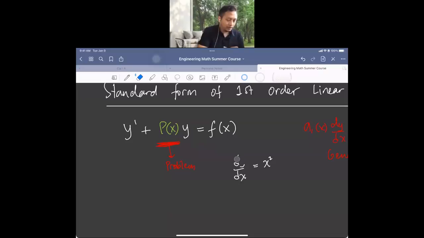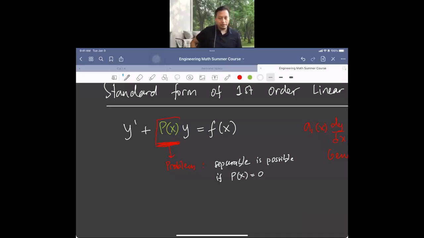Or if this p part is not there, then the separable method, maybe we can do that as well, right? Separable is possible if the p of x is 0, right?